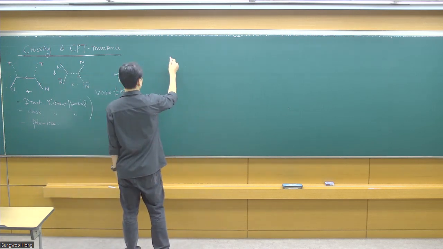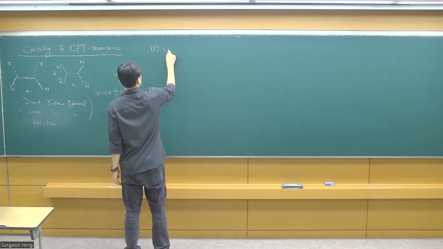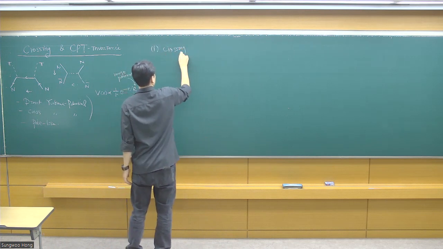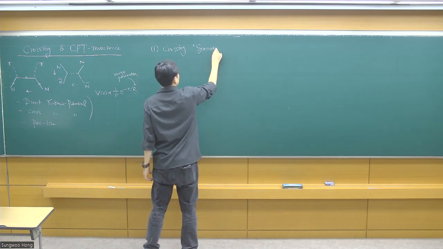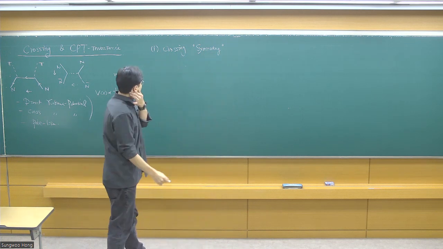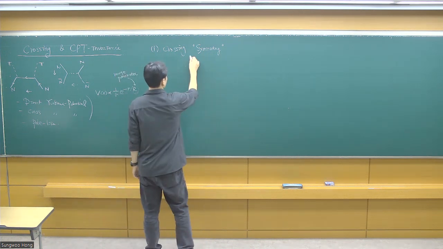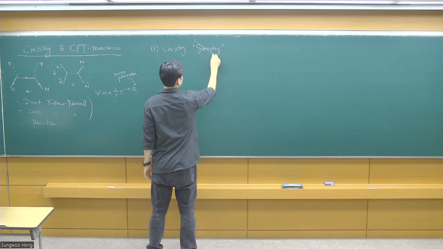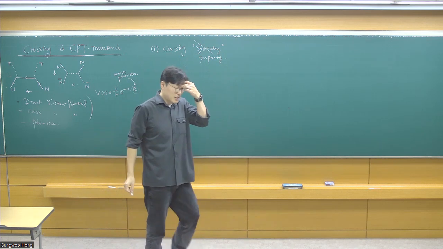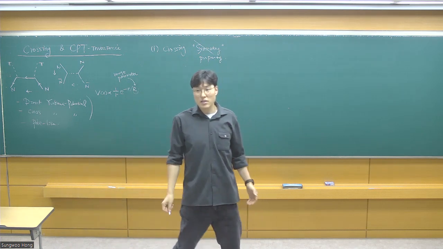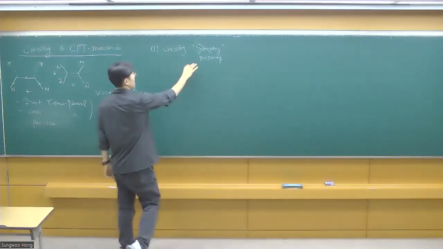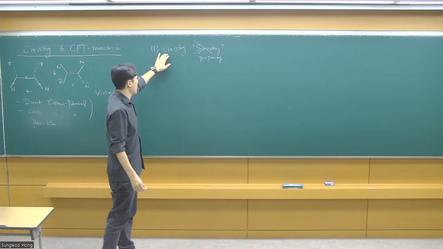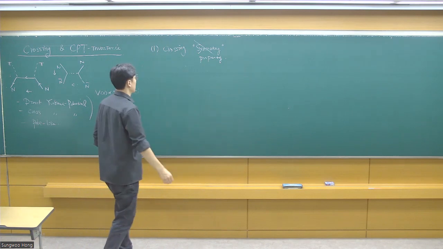In order to set up the crossing, let's first talk about crossing symmetry. In literature it is usually called a symmetry, but a slightly more proper way of saying it is crossing property, in the sense that this is not a symmetry of quantum field theory. This is a property that a finite invariant amplitude enjoys, which you will see exactly what I mean.